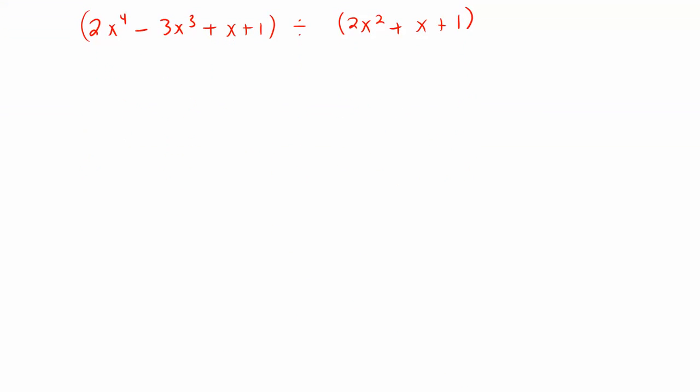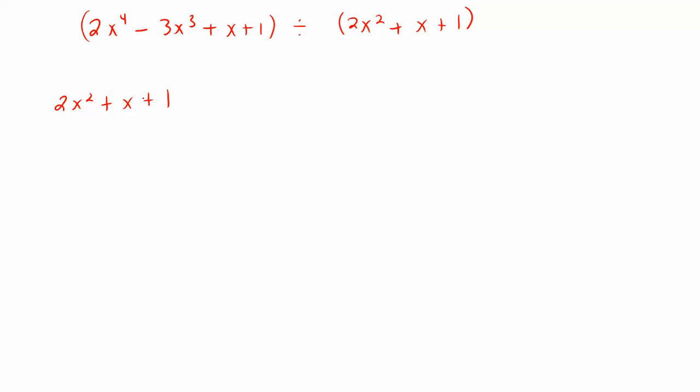Okay, let's look at the second problem we have here. We have 2x to the fourth minus 3x to the third plus x plus 1 divided by 2x squared plus x plus 1. So the 2x squared plus x plus 1, that's my divisor that goes on the outside of my division bar, and I don't have any missing terms.